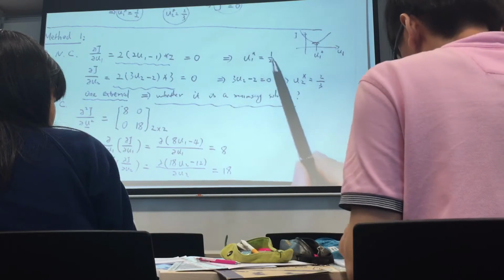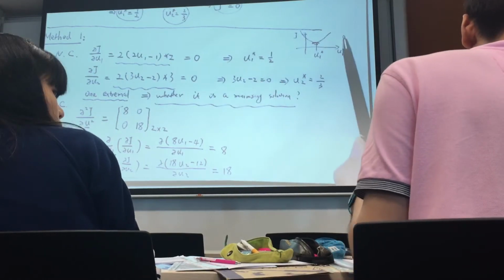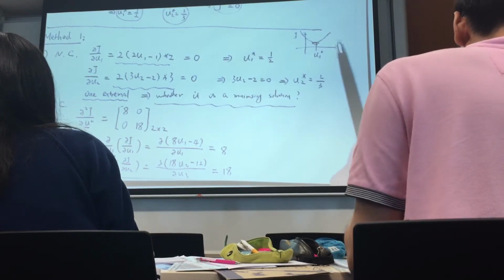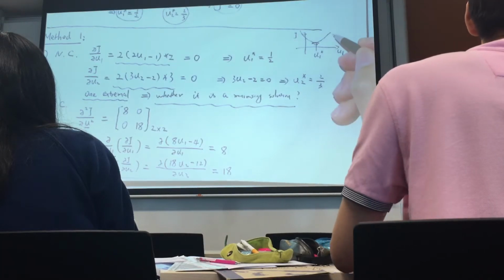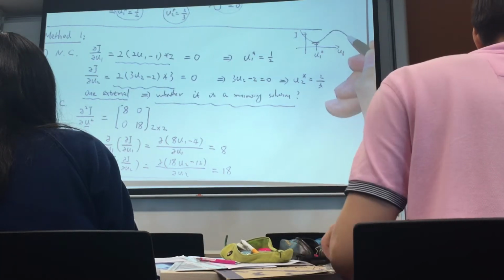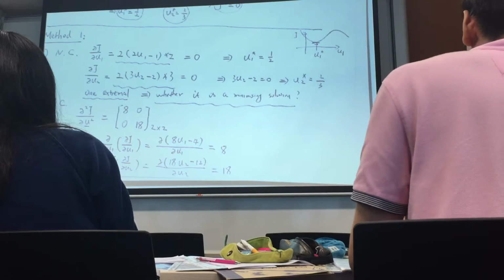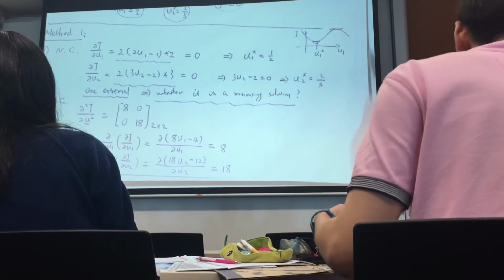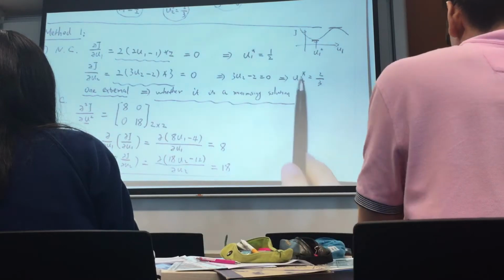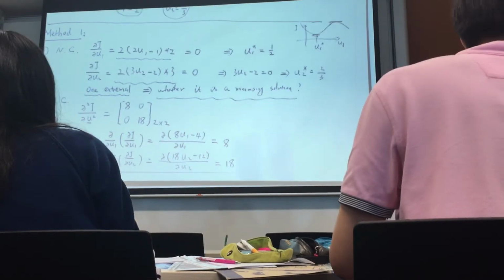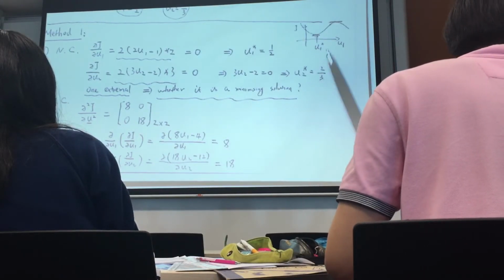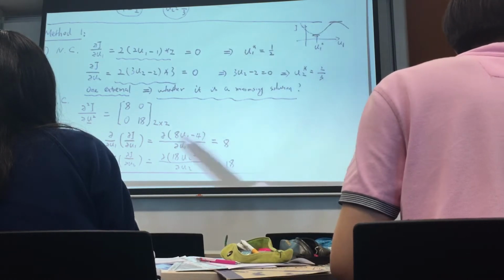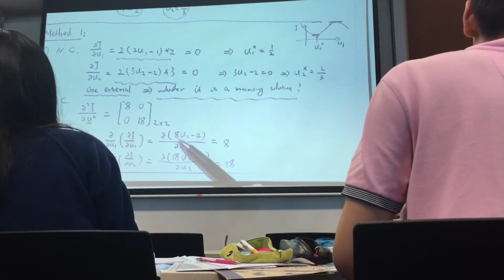But you may have multiple solutions. If your function is in this form, you may get another point, so you will have two potential solutions. The second order condition is to evaluate whether these points are minimizing points.